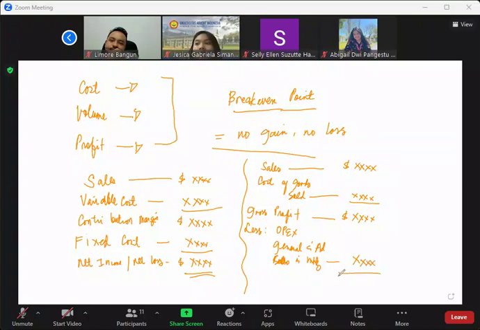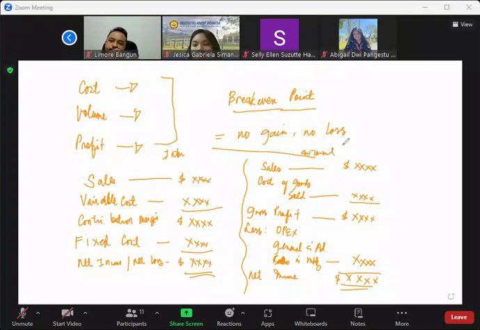One is more external, and then you have the net income before tax. This is the simple financial statement. So this is for internal purposes. This is for external reporting.